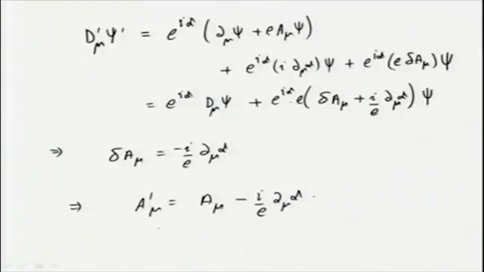For the Lagrangian to be invariant under the transformation, we want only the first term here, and the rest of it should vanish. For that we can make delta A mu equal to the opposite of the second term in that bracket, then it will vanish. That is what leads to A prime mu equal to A mu plus this thing. Very good.